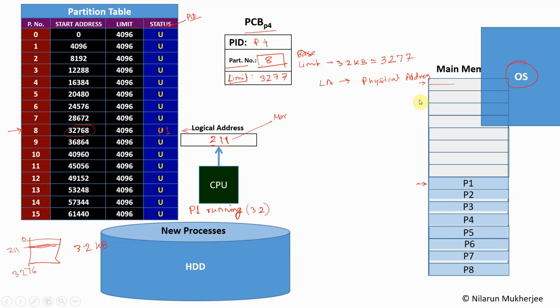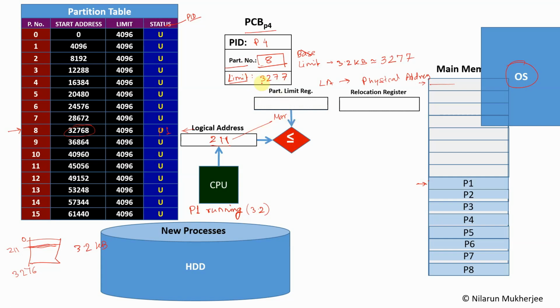Let's see how it is done. First, we have a partition limit register and a relocation register. The partition limit register is fixed at 4096 for this setup. For the relocation register, how do we get the value from the PID?